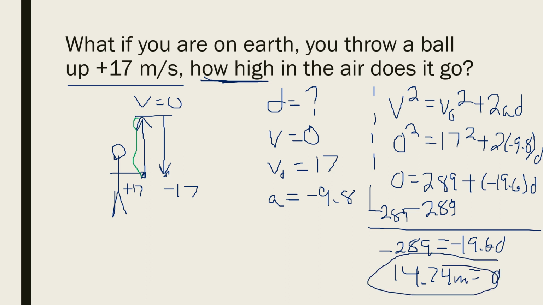And that corresponds to the distance where it goes from 17 meters per second to 0. So it corresponds to the height. Remember, the total distance traveled would be that times 2, and the displacement would be 0. Remember how all this connects.